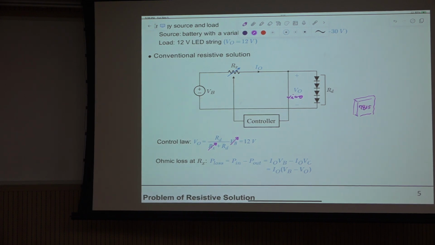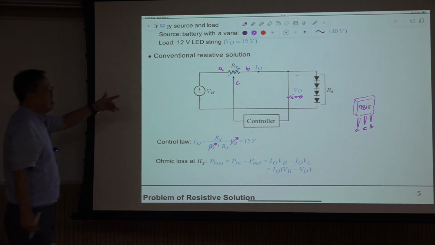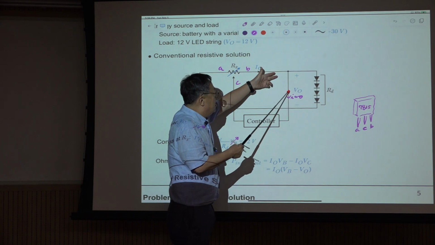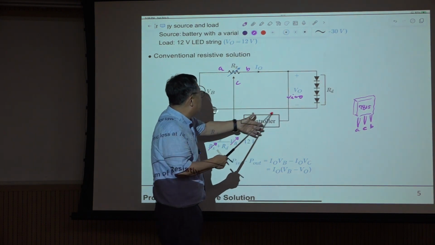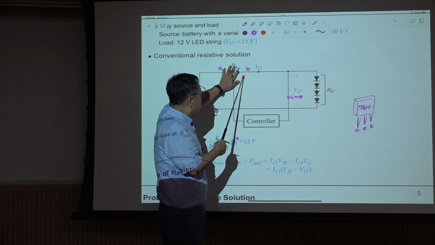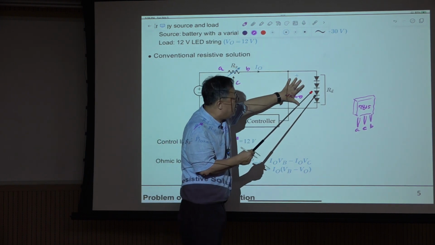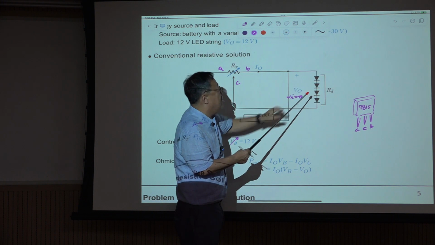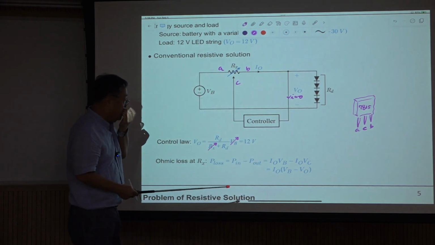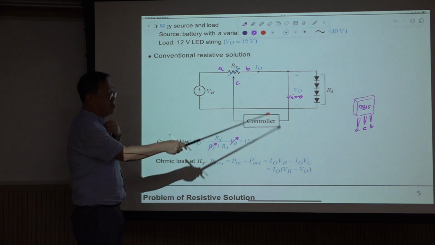This has three terminals: A, B, C. It senses that this voltage here is larger than this, then increases the resistance here, so it increases the voltage drop to keep this voltage regulated at 12 volt, right? So this is the principle.